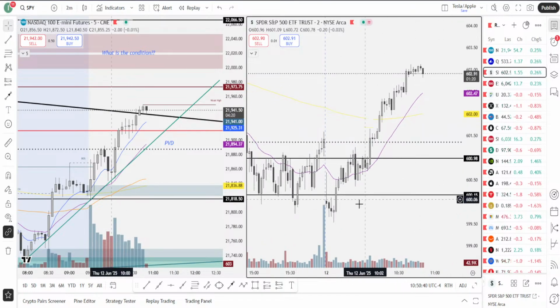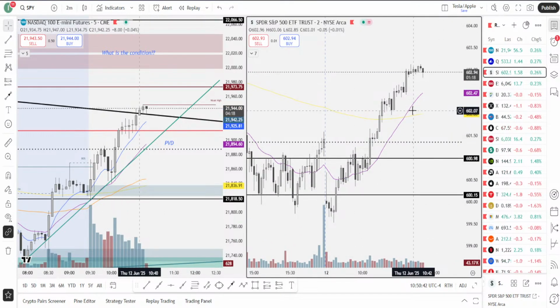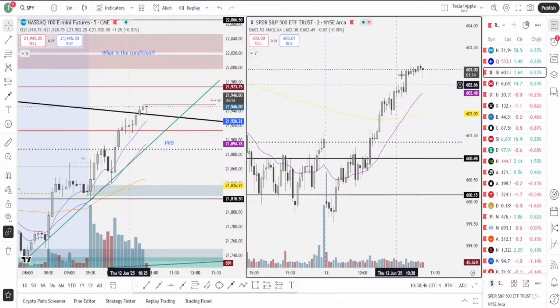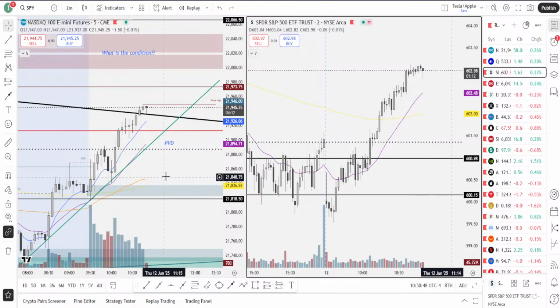ES has been on a nice uptrend here. The ES is straight up, man.